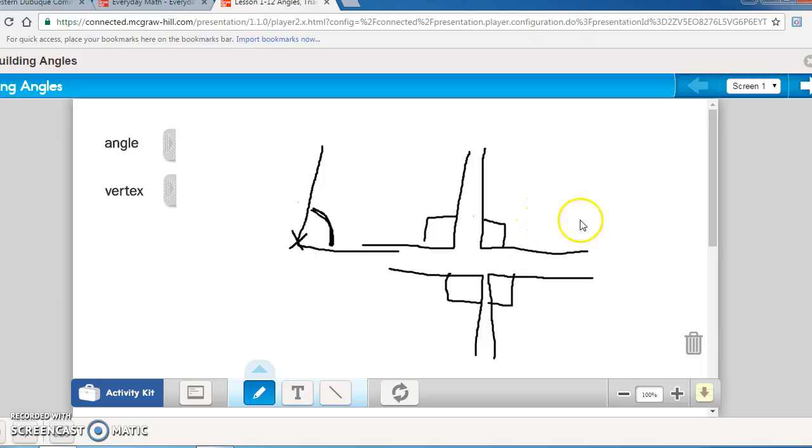Lines and line segments that intersect and form right angles are called perpendicular lines or line segments. So as you notice here, these are all perpendicular because they make that perfect right angle. So even if it was a capital T, the lines would be perpendicular because there's a perfect right angle symbol.